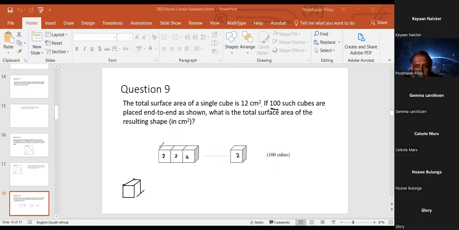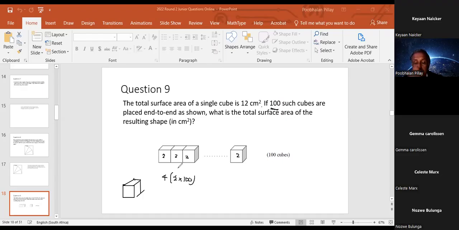So there are 4 sides all around. So you've got 2 times 100 gives you just the total surface area of what we see here, but you must multiply that by 4 because you are adding the top, the back, and the bottom as well, and they're all 200.